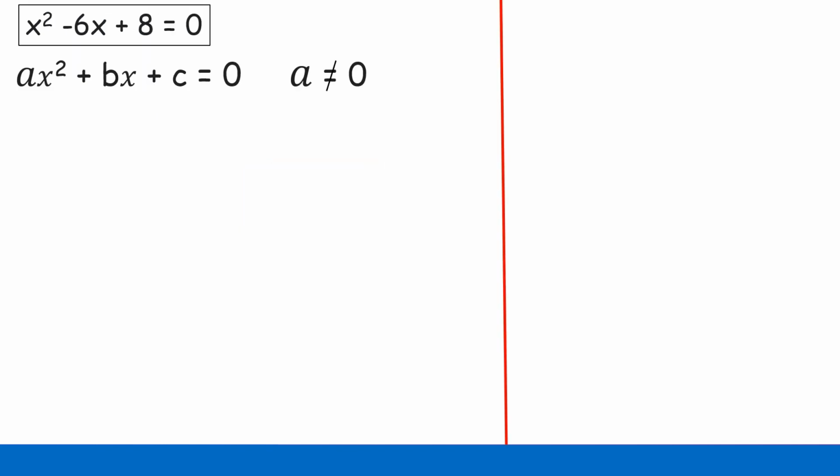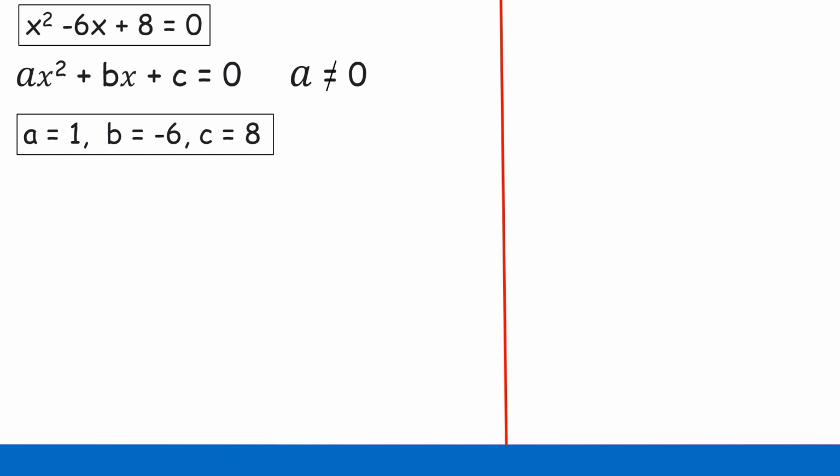So let's look at this example. It's a quadratic equation: x squared minus 6x plus 8 is equal to 0. Now we know the general form of a quadratic equation as ax squared plus bx plus c is equal to 0. From here we can determine what our a, b, and c are. a is simply the coefficient of x squared, that is, the term multiplying x squared.